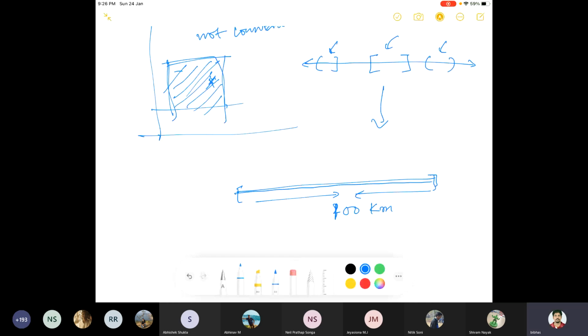Now you are interested to know the probability, the possibility, that there will be an accident at any given location. Let's say there will be an accident here, or here. Since our domain is not discrete, the domain is continuous, instead of asking that question at a particular point, we'll always ask the question on an interval.